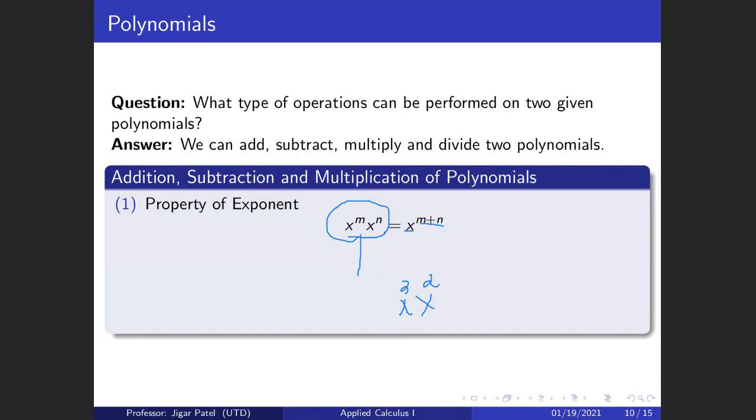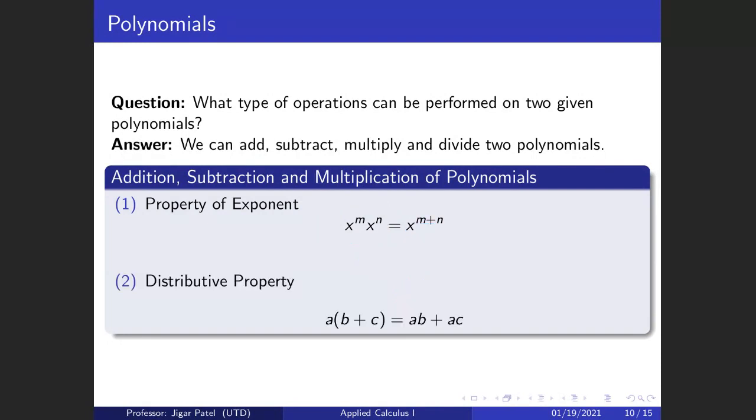The second property that I want you to recall is called the distributive property. If you have a factor multiplied by a sum of terms, you can distribute this factor over every single term of the next expression. Look, a times (b plus c) is a times b plus a times c.